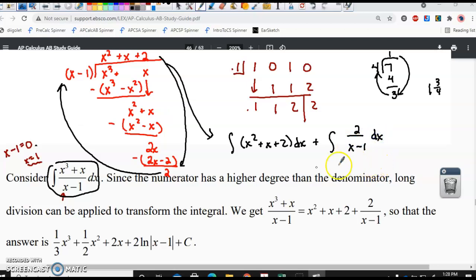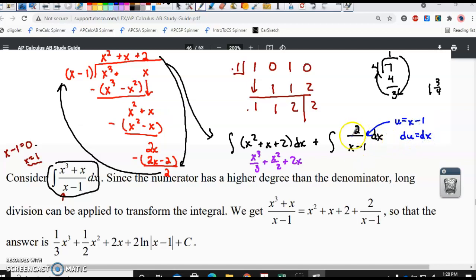Okay? Finally, you can integrate this using the power rule. The first part's a nice one: we have x cubed over 3, then x squared over 2, then 2x. And over here, our u substitution is u equals x minus 1, du equals dx.